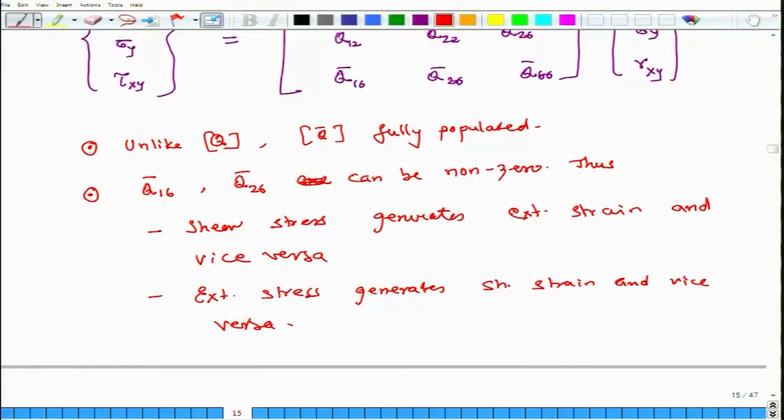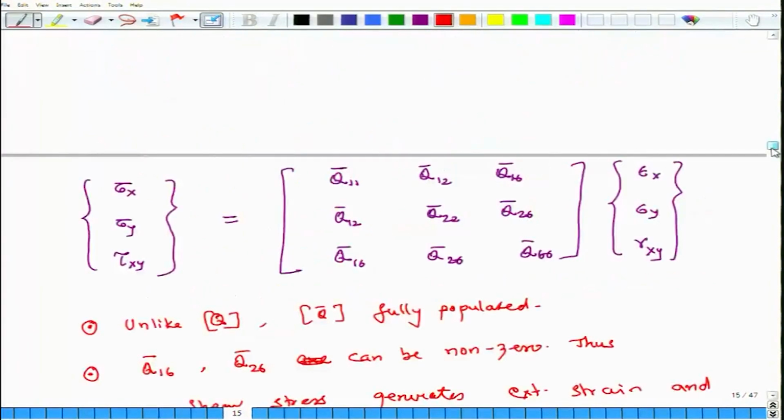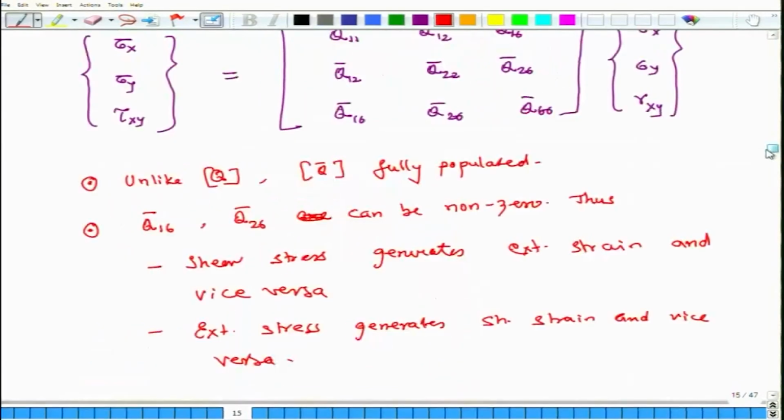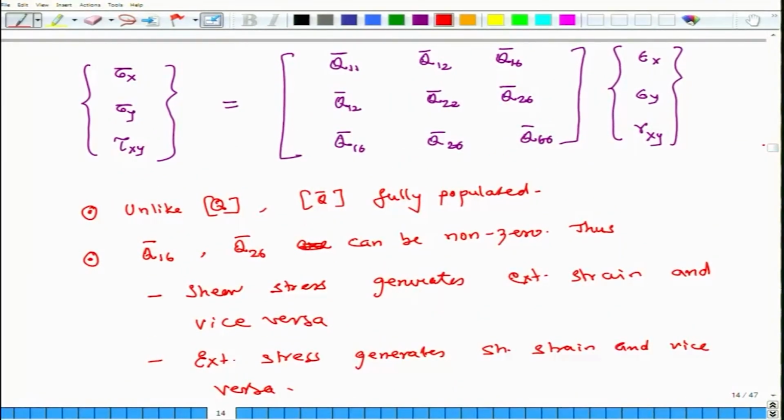So, this is the situation for a generally orthotropic system, but even here the number of independent engineering constants is still 4, because Q11 bar, Q12 bar, Q16 bar only depend on what? Some sines and cosines which are not related to engineering, but they only depend on 4 independent values of Q. So, the Q bar matrix has 6 constants, but at a fundamental level they only depend on 4 independent engineering constants or stiffness elements.